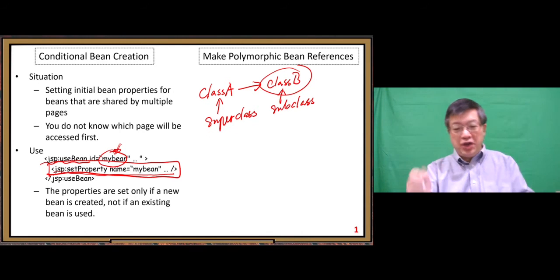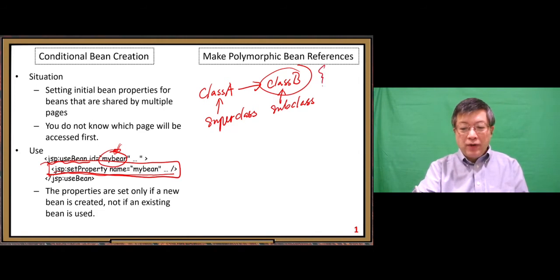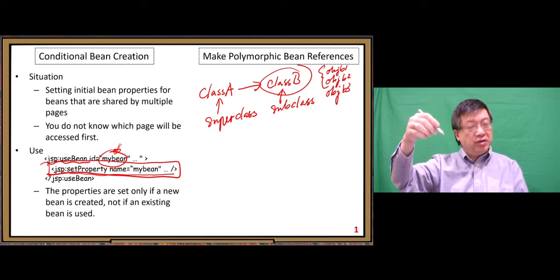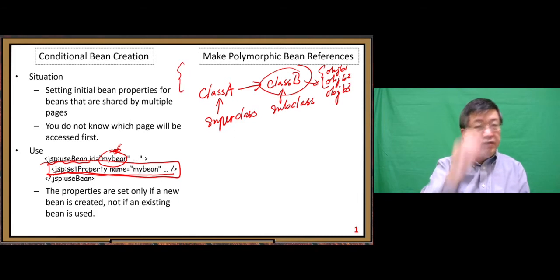So now you have the situation. You may have object B1, object B2, object B3, a sequence of objects from class B. Think about another sequence of objects: object A1, object B, still A, object A2, object A3.